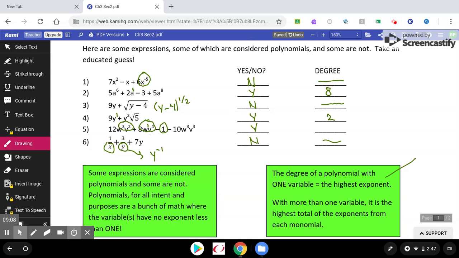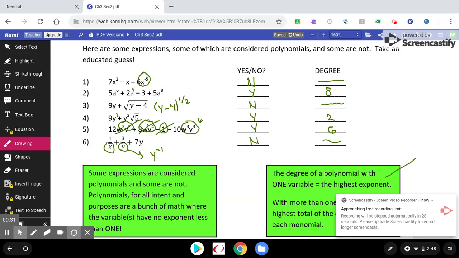This guy has no exponents, so his total technically would be 0. And if we total these guys right here in the end, it's 6. So what's the highest total per term? That term was a total of 5. That was a total of 5. That one had none. And this guy right here is a total of 6. So the degree is 6. That's easy enough to do, but it's a memory thing. You've got to remember, if there's more than one variable, then I have to total them.